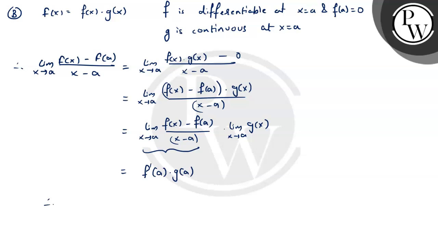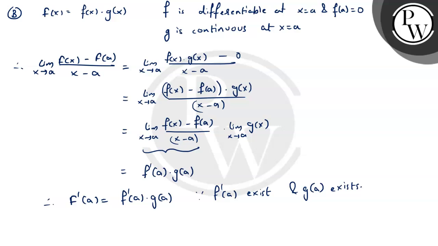Therefore the derivative of F at a is equal to f dash at a multiplied by g of a, since f dash at a exists and g of a exists, as g is continuous at a, and therefore the function is always differentiable.